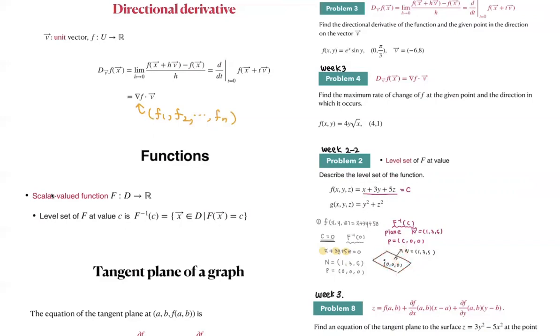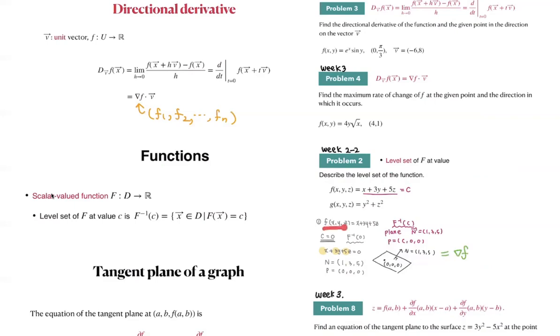And this level set, we can find the normal vector to our level set, and it is exactly the gradient f at our given point.